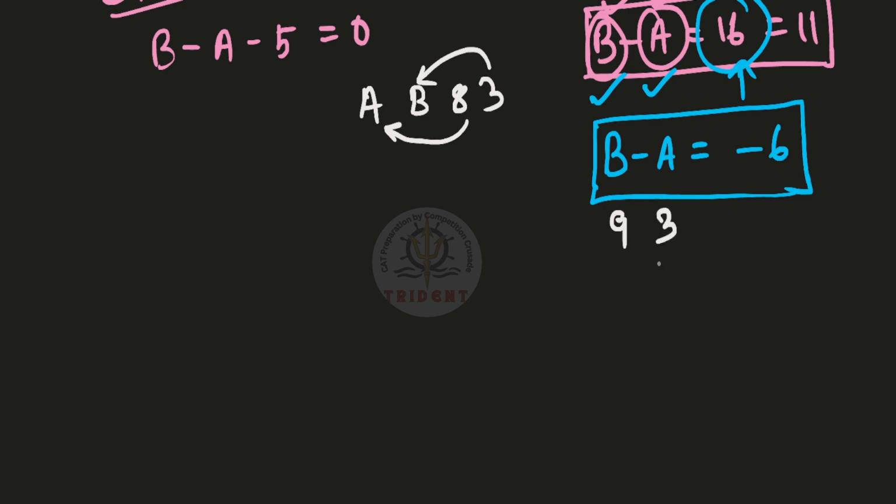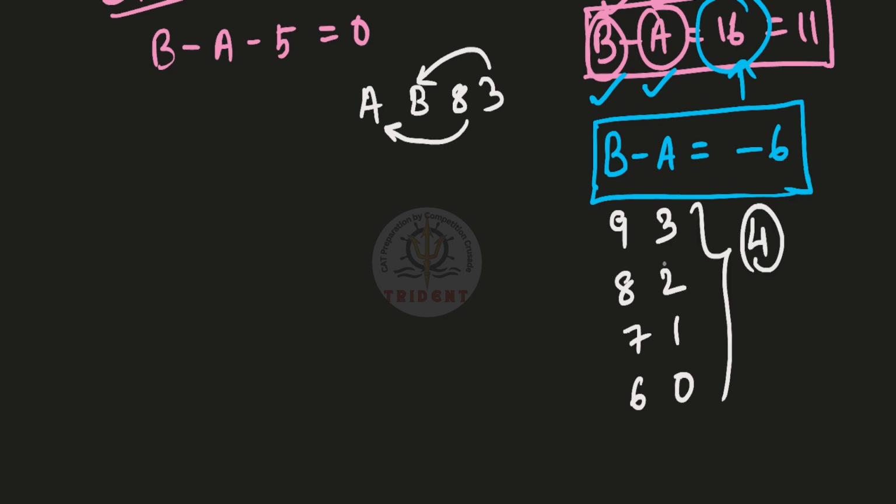This pair difference will give me this thing: 8 and 2, 7 and 1, and 6 and 0. Now these 4 numbers will definitely give me minus 6, but depending upon which is the ordered pair, either it is AB or BA, it does not matter, because these are the only 4 pairs that will give you. So effectively the answer to this question is 8 only.